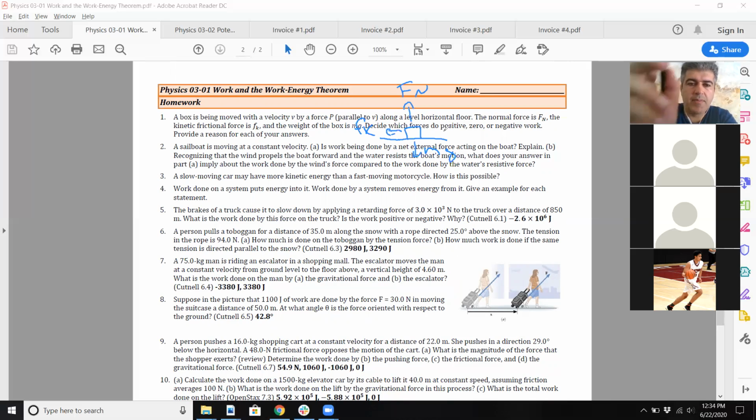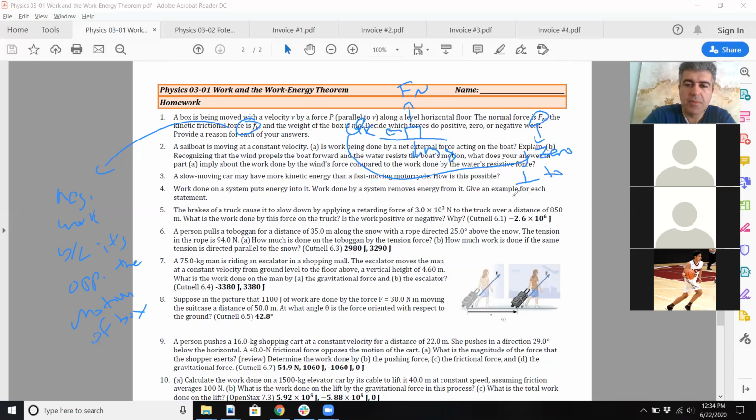So Fk does negative work because it's opposite the motion of the box. Fn and W, or mg, are both 0. That's because they're perpendicular to the motion.